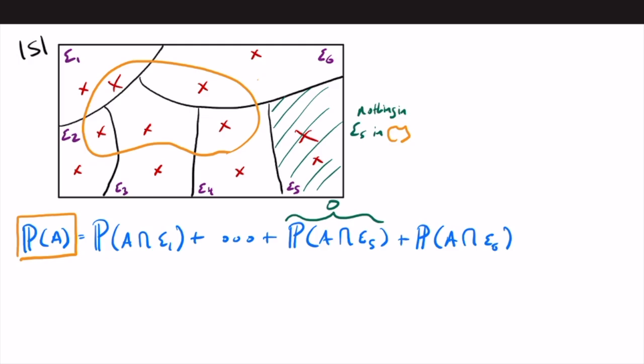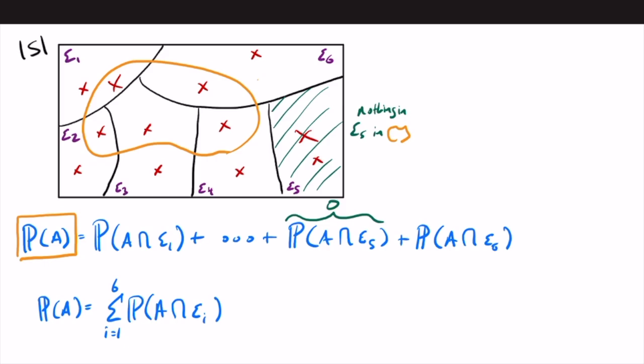What we're really saying is that we can sum this up as the probability of A is equal to the sum from 1 to 6, because we have 6 E's, of the probability of A and each individual E. And what this is saying is everything that falls under, should I use a different color?